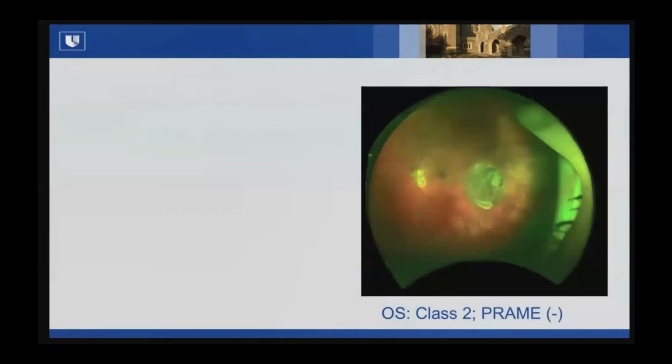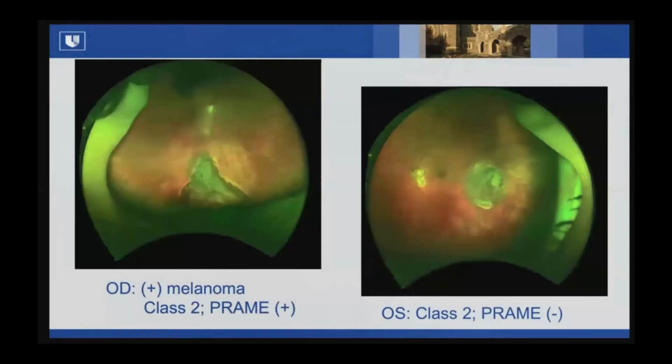And we also performed a biopsy, and both tumors showed an aggressive pattern. Both of them were class 2. The one in the left was PRAME negative. This is an expression marker for melanoma, and it was positive in the right.